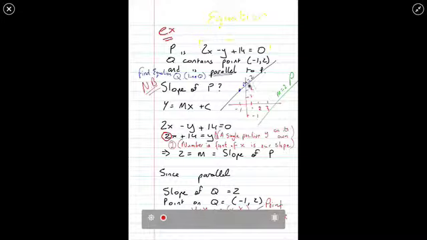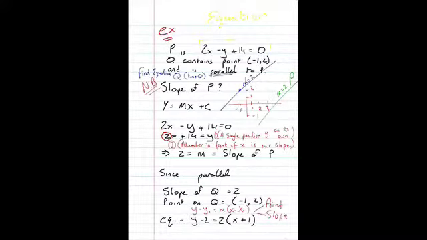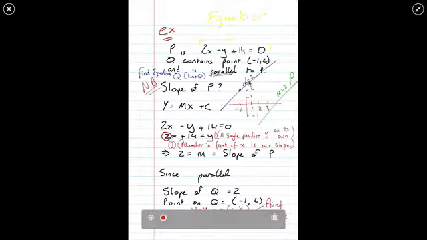Do I have a point here for Q? Yeah, I do. Minus 1, 2. Do I have a slope? No. Can I find the slope of Q from just looking at Q? Yeah, exactly. So I can't find the slope of Q directly.